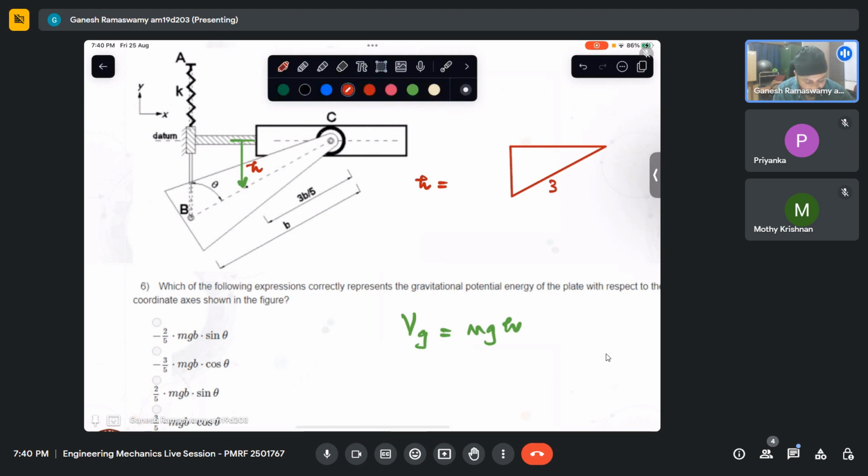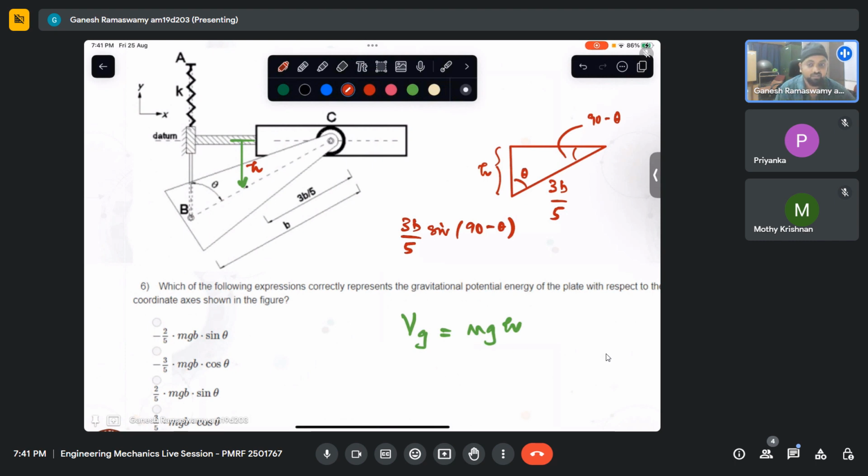I have this angle as theta. This is theta. So naturally, this also will be theta. If that is theta, I can see that this will be 90 minus theta. So I need this distance h. That is h. So it is nothing but 3b by 5 sine 90 minus theta. But we know 90 minus theta is nothing but cos theta.